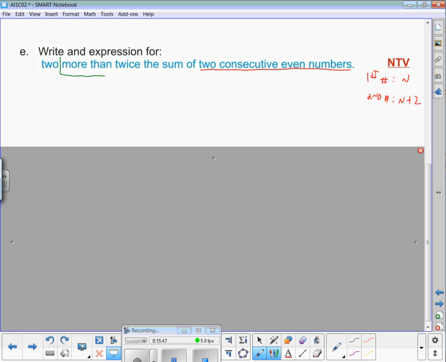Let's go back and start looking for keywords. 2 more than. All right, we know the more than. That's the plus sign. How much more? 2, right? We're adding 2. 2 more than twice, and then the sum of. Okay, there's a little bit here, so we got to be careful. Let's do the sum of. The sum is addition, correct? And what am I adding?